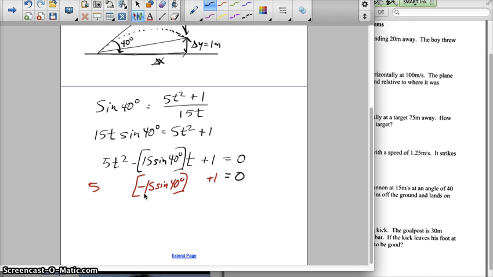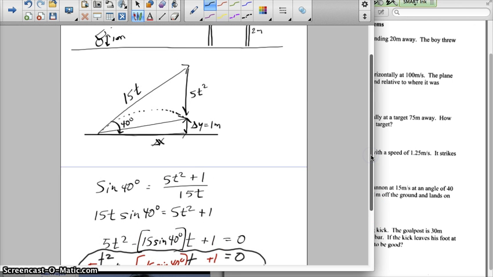Equals 0. So this is t squared. This is t. So you would just put the a, b, and c terms in a quadratic equation, and you should be able to solve for t. Once you solve for t, you could find your delta x, how far horizontally the projectile goes, the human cannonball, and so it should be good.